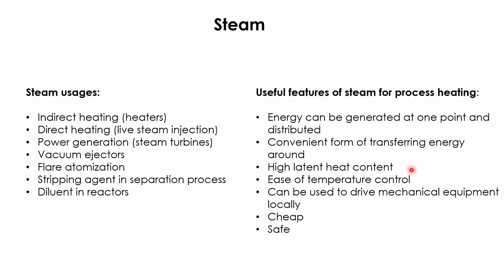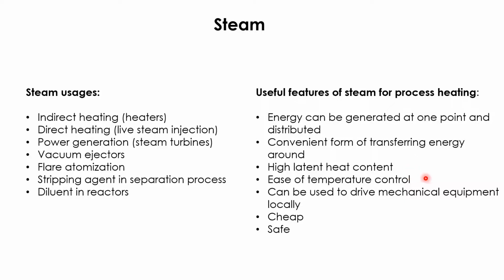Steam also contains high latent heat. High latent heat is very important not only because of the quantity of the heat, but also because we are able to provide heat without even changing pressure by using the latent heat.